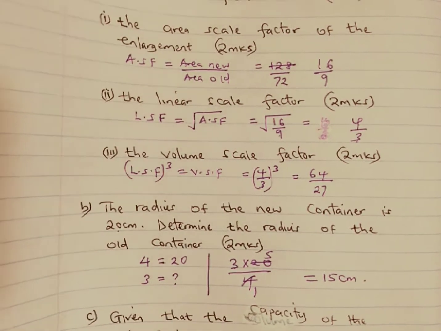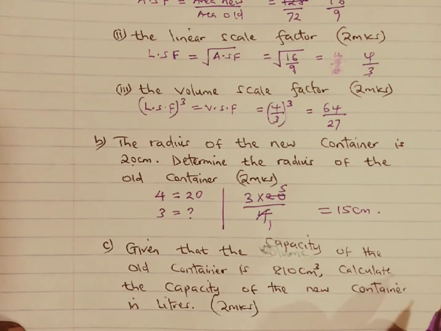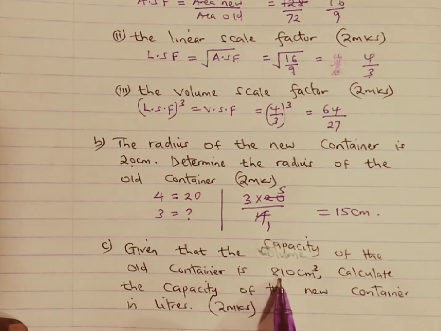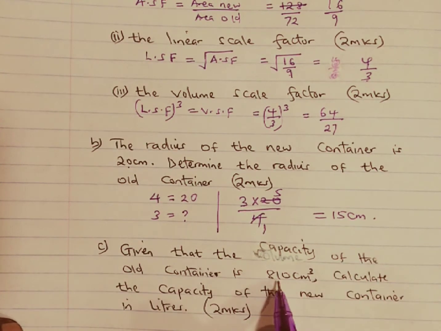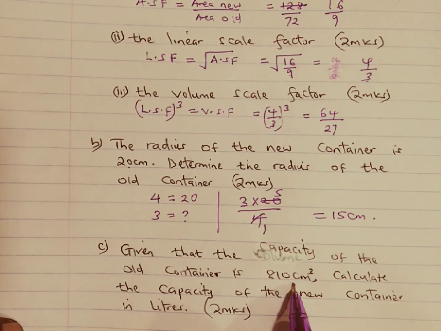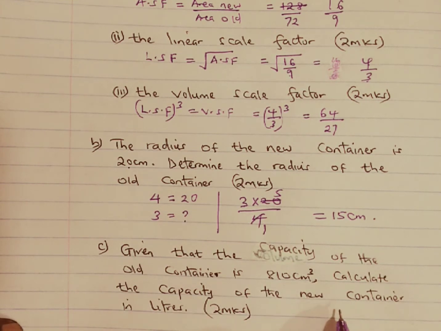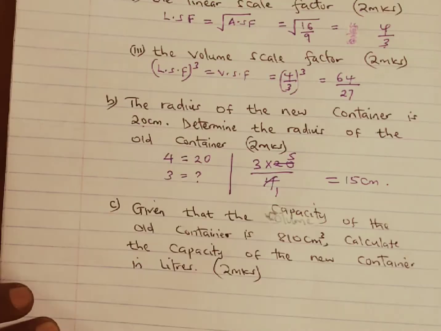The last question is part C. Given that the capacity of the old container is 810 centimeter cubic, calculate the capacity of the new container in liters.